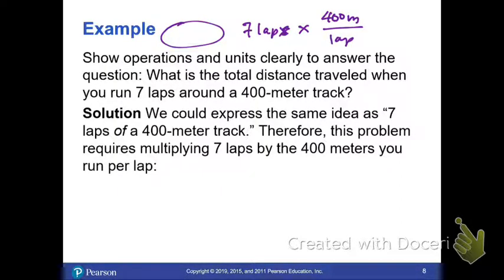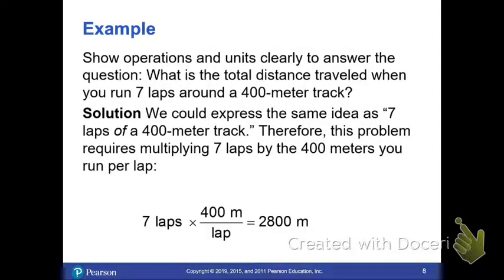When we say per, we do division, all right? And so my laps end up canceling. We notice the unit is in meters, and so we see here my laps cancel, right? And we multiply this out, we get 2,800 meters.